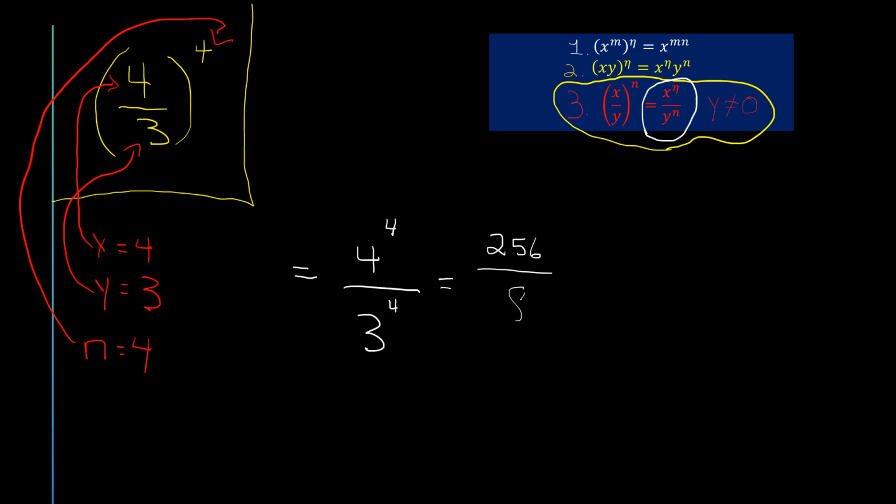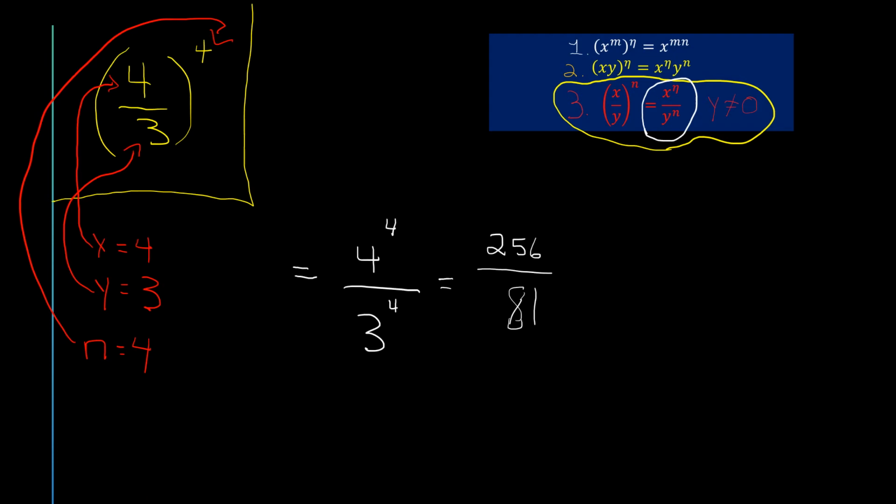Can it be reduced? I don't think it can be reduced, but I'm just going to leave it like this here. We're not talking about reducing problems anyway, so if you need help with that, you can do that on your own. But this is what we get. We get 256 over 81.